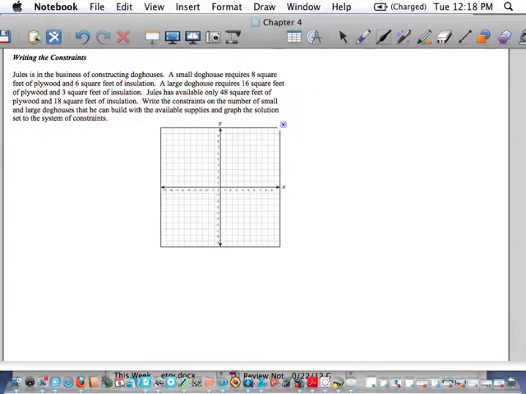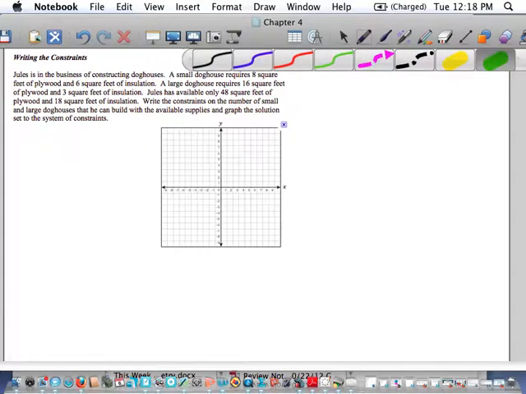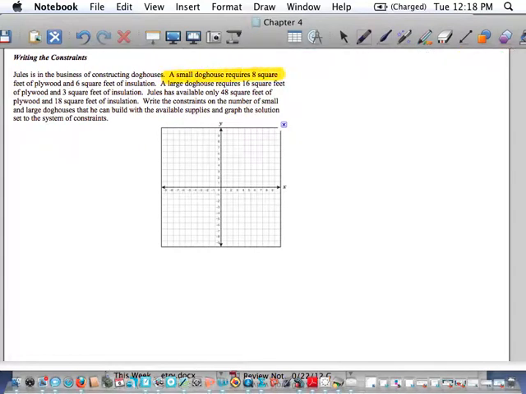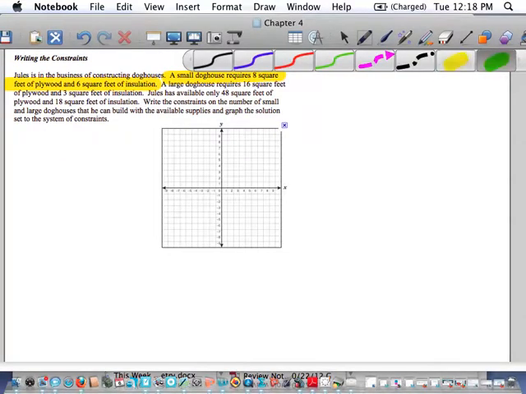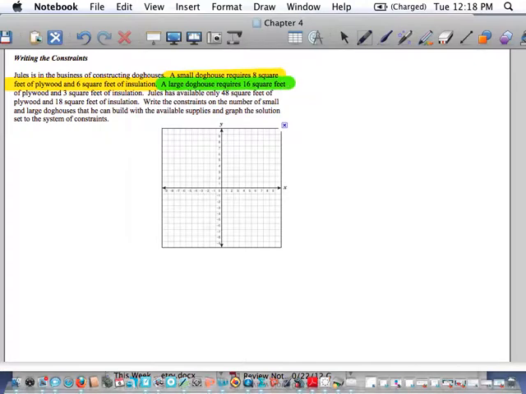In this problem, it says, Jules is in the business of constructing dog houses. A small dog house requires 8 square feet of plywood and 6 square feet of insulation. So that's one piece of information that we have. A large dog house requires 16 feet of plywood and 3 feet of insulation. Now here are some limits.